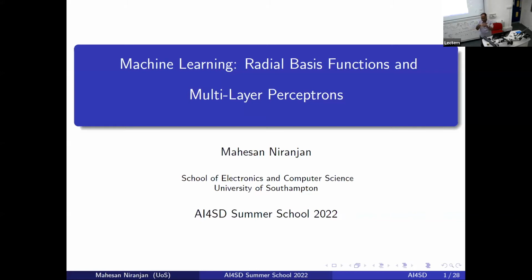But if I decompose that by Fourier transforms, then I will have a certain weight for the fundamental frequency, a certain weight for the second harmonic, a certain for the third harmonic, and so on. So I can make a transformation that is nonlinear and fixed. And if I can choose that fixed transformation in some sensible way, then on top of that, I can apply a linear model, which could be the perceptron or the linear regression, and solve my problem.